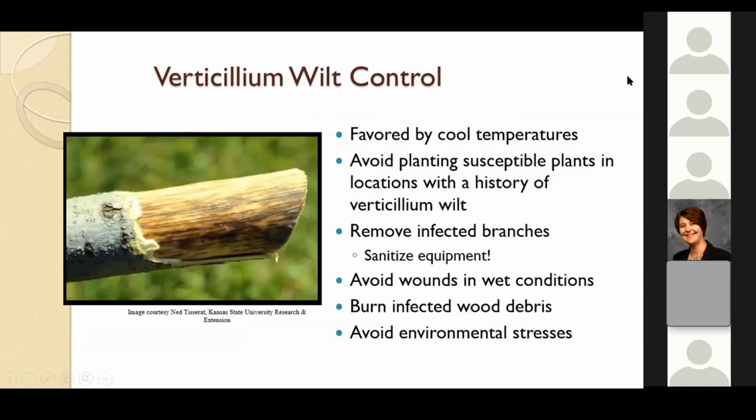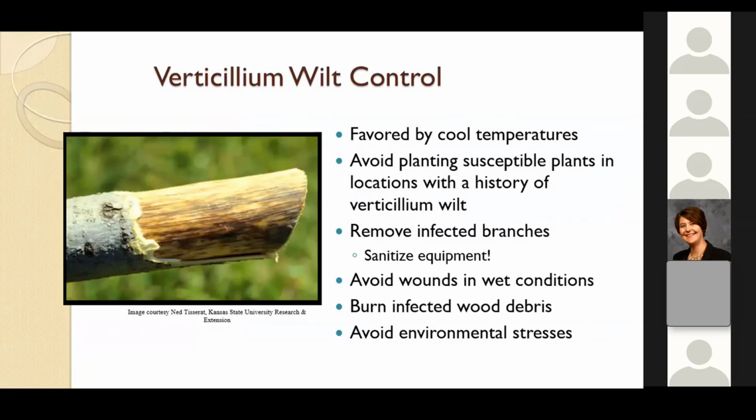This one is favored by cool temperatures. Some trees have a better rating for verticillium than others, so if it's in the area, make sure you're choosing a resistant variety. Pruning is somewhat effective for this, especially if you catch it early enough.